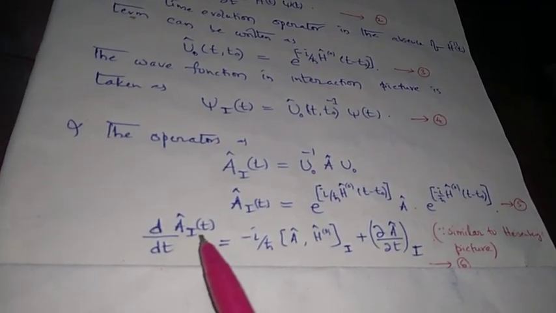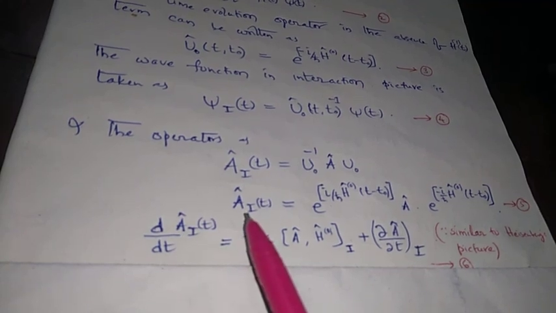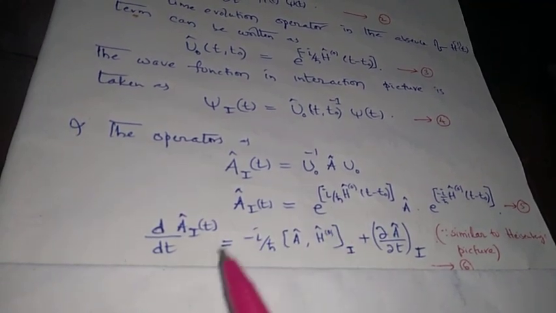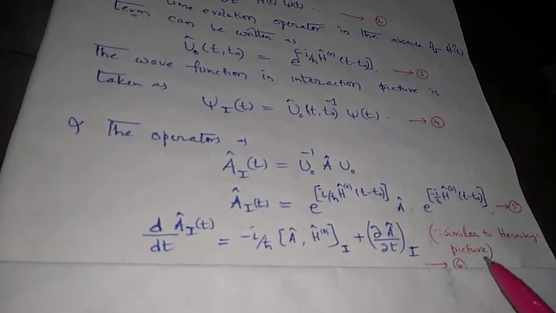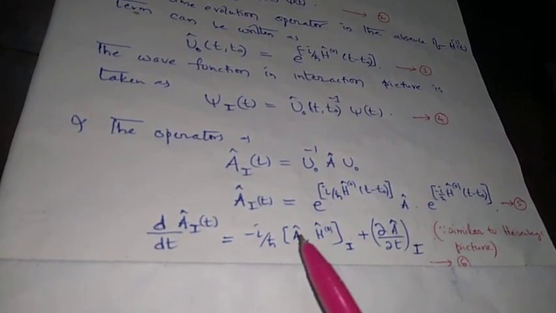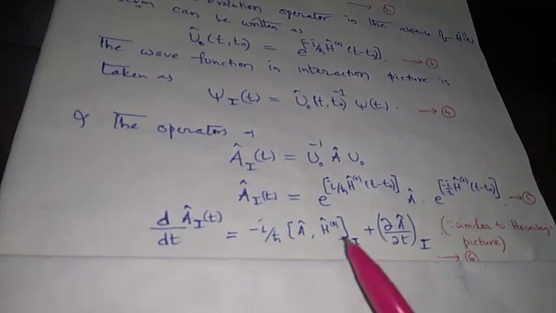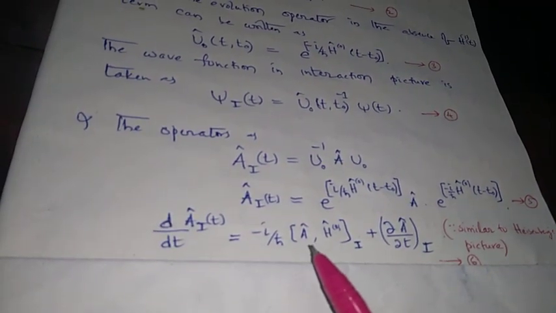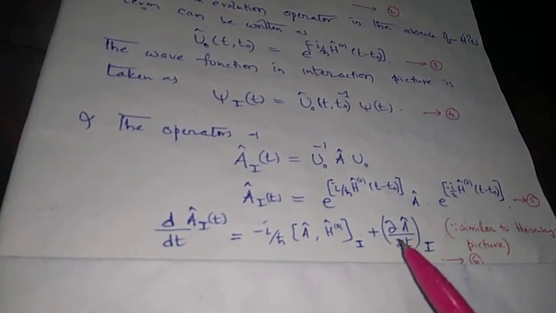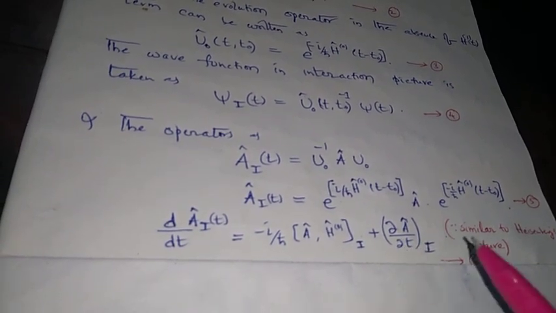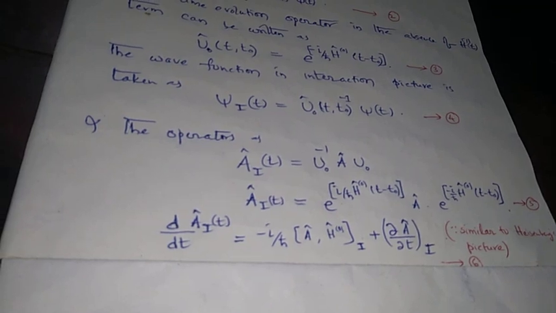And if we find the time derivative of A I from equation number 5, similar to the way that we did in Heisenberg's picture, and do the math, then we get this commutator of A I and H0, plus the partial derivative of A in interaction picture.